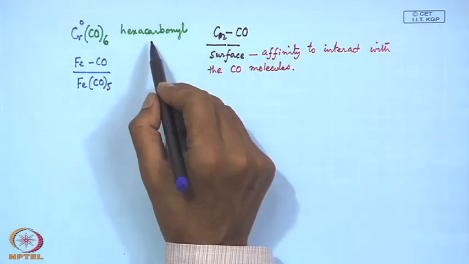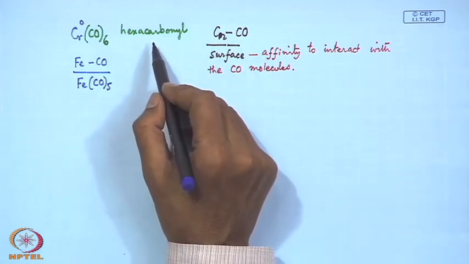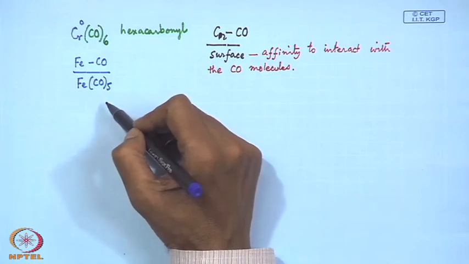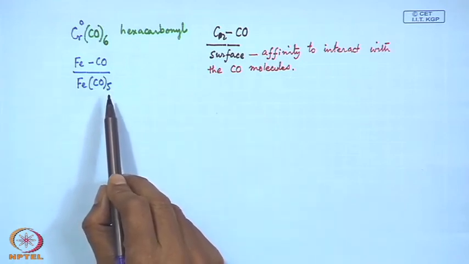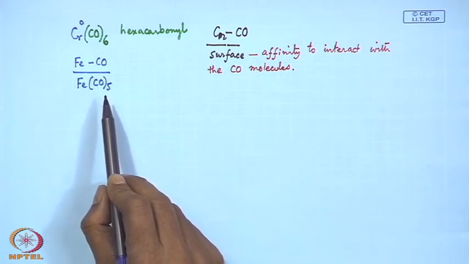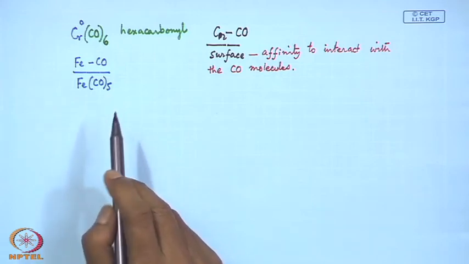So, apart from these interactions for the formation of the hexacarbonyl or the iron pentacarbonyl, we see that carbon monoxide has some good affinity to react with any of these two metal centers.